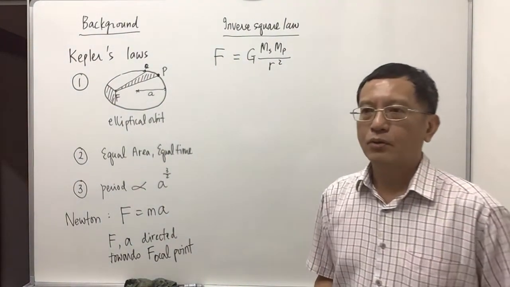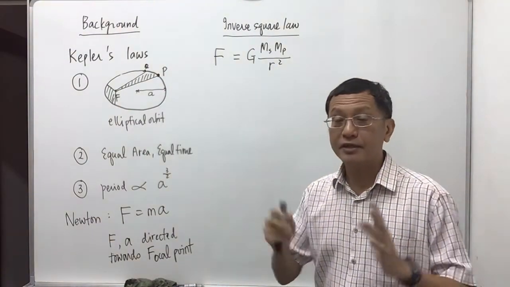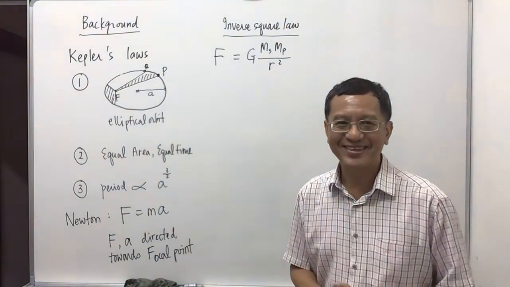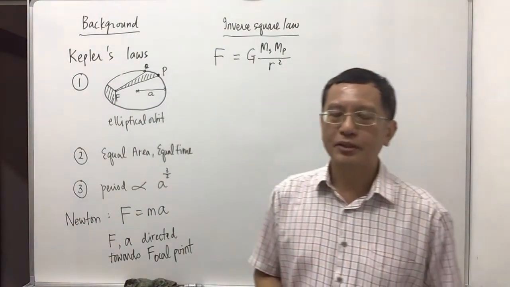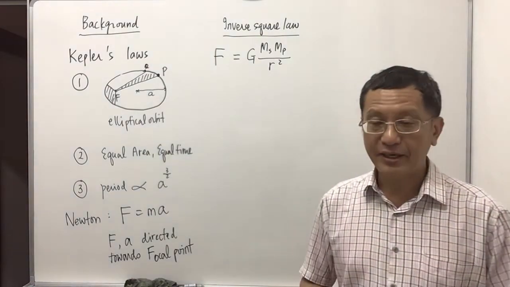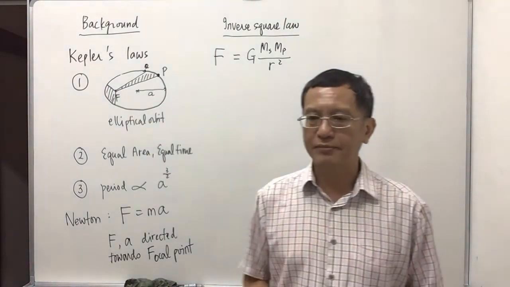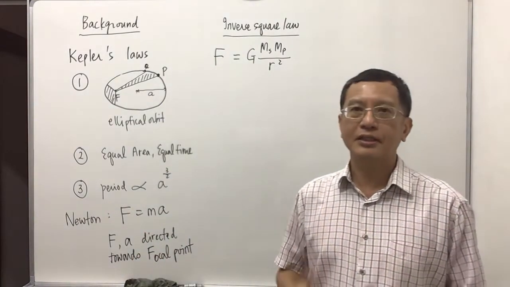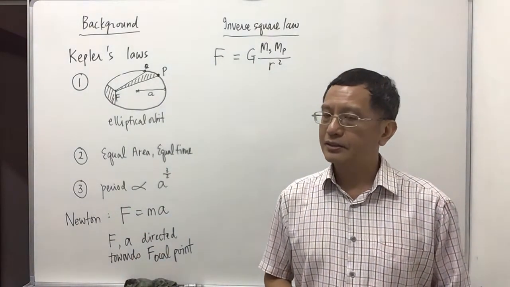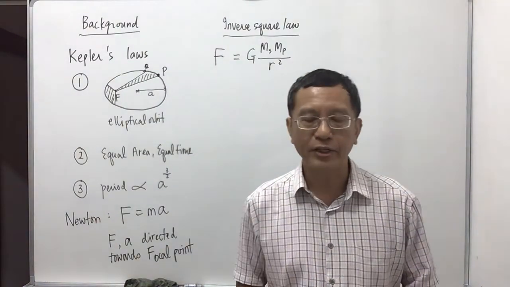You see, when we want to discover a law, it's like inventing a cake. You have got ingredients, you have got your recipe, then you can bake your cake. Now, the process in which Newton actually discovered his inverse square law is definitely some extraordinary effort.